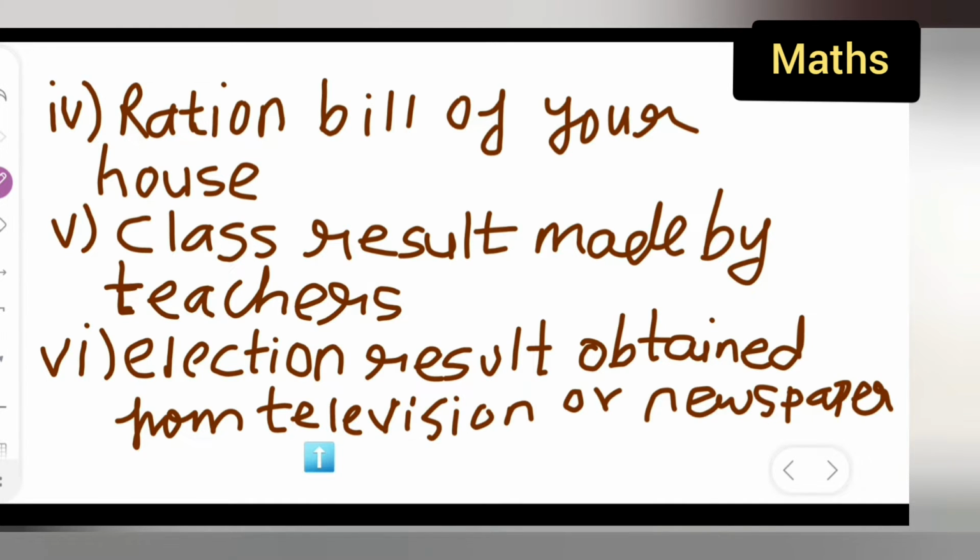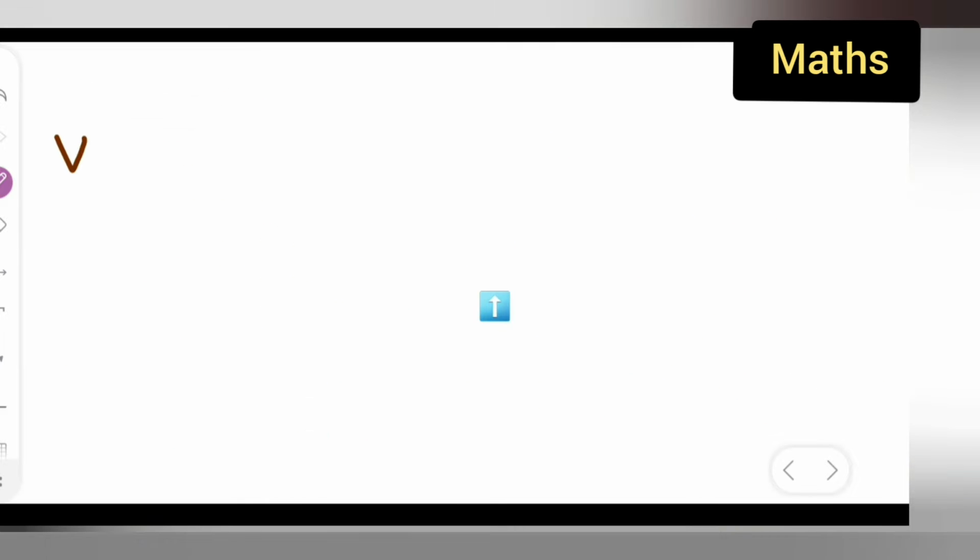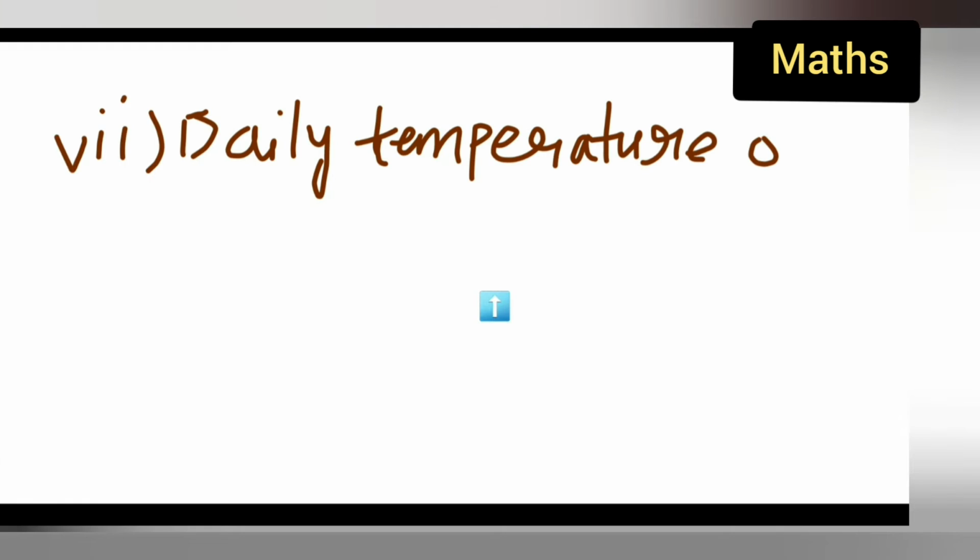Okay, next is the seventh one: daily temperature of a city.